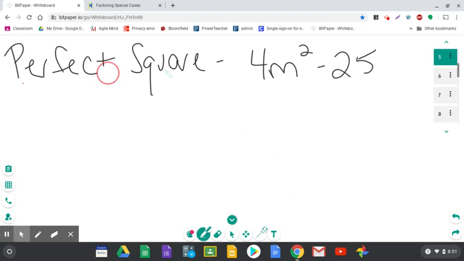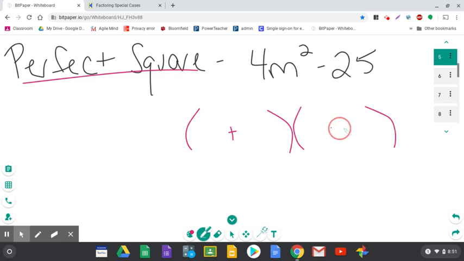We also have perfect square binomials, right, with two pieces. So now with this one, you're still going to take the square root, but since there's only two terms and the second term is a negative, right, the only way to get a negative 25 is to have a positive times a negative, right? You need one of each. So it doesn't matter which one goes first, but you need one of each.